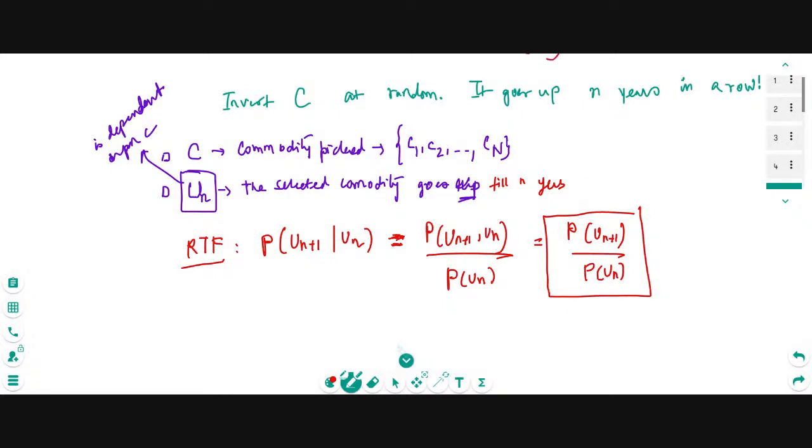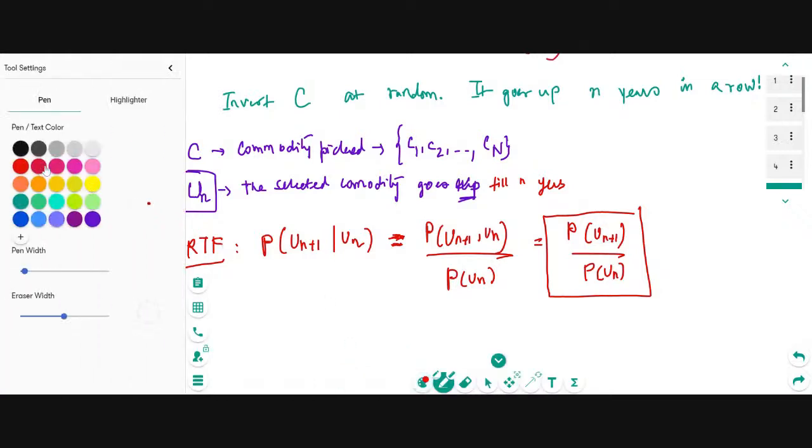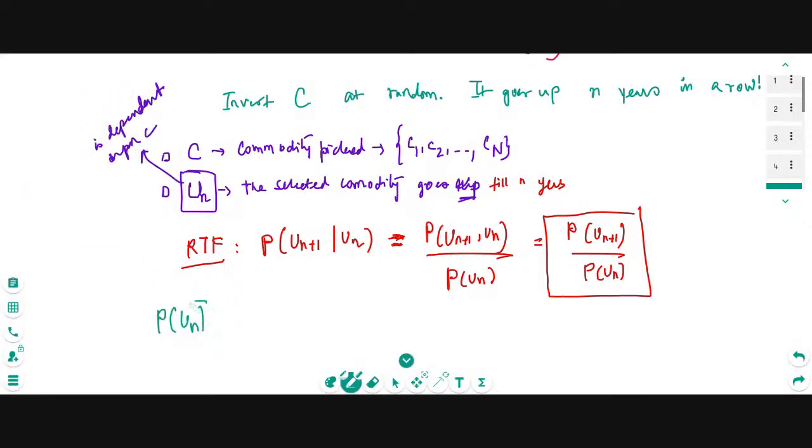So what we are required to find therefore demands that we find out the probability of U_n. Now the probability of U_n is connected via the random variable C, so this demands that we condition on C. First, close your eyes and understand this: we are selecting the commodity, and U_n is the event that the price of the selected commodity will go up.